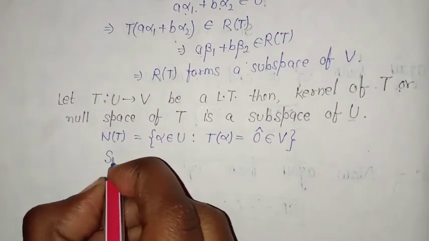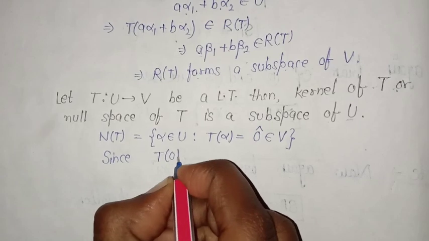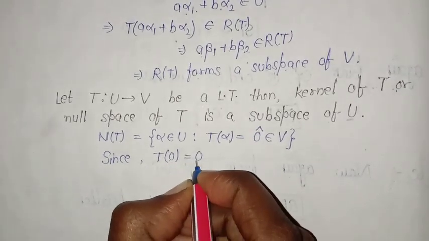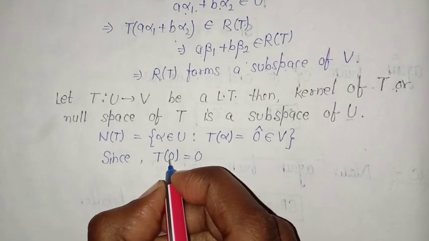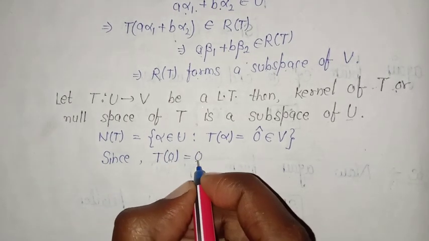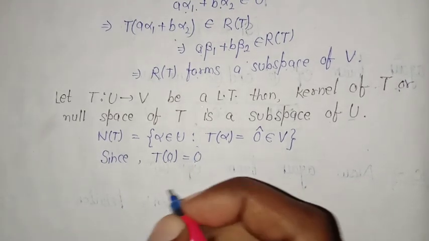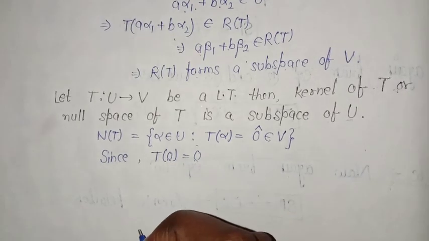Since T of 0 equals 0, this is the property of linear transformation, that the 0 element is always mapped to the 0 element. So the 0 element of the vector space U will always be mapped to the 0 element of the vector space V.